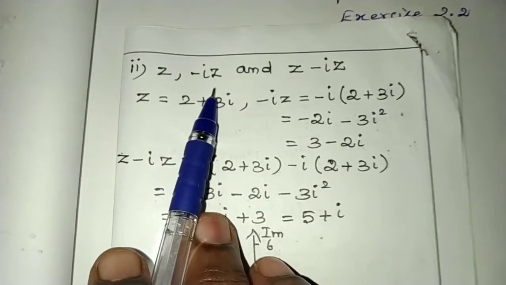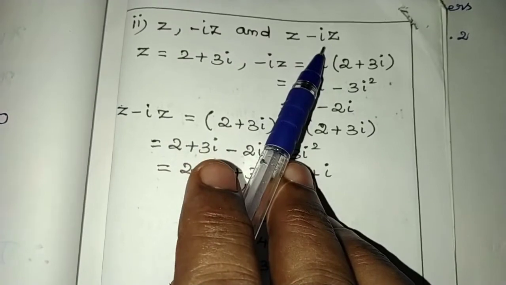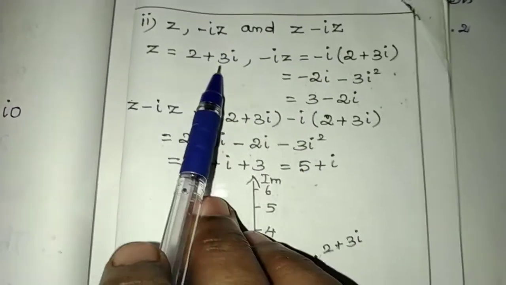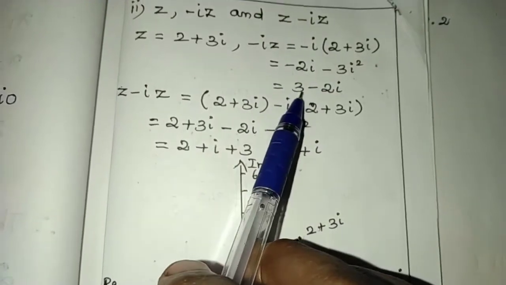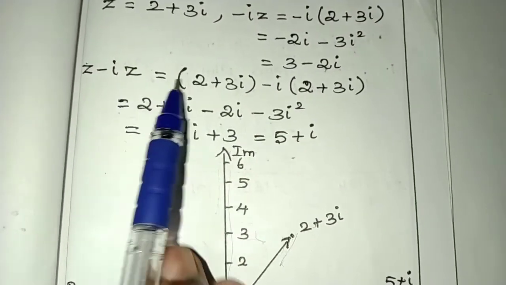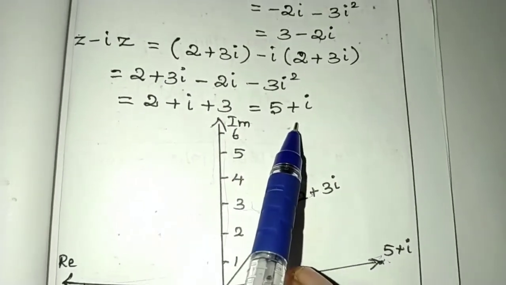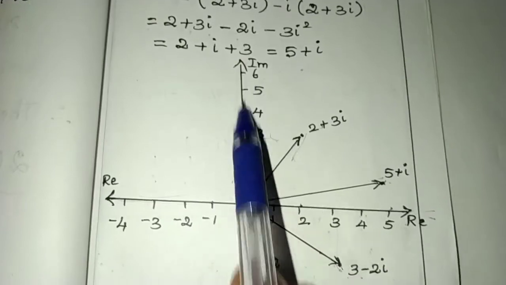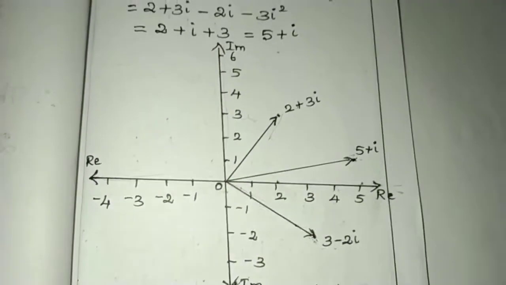Second part: z, iz minus, and z minus iz. Okay, z minus iz: multiplied by minus i, we get 3 minus 2i. Next, z minus iz, z minus i multiply, simplify, we get 5 plus i. And again draw one Argand diagram, real axis, imaginary axis.